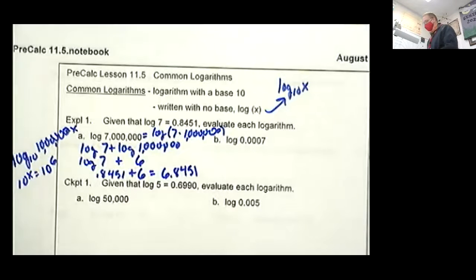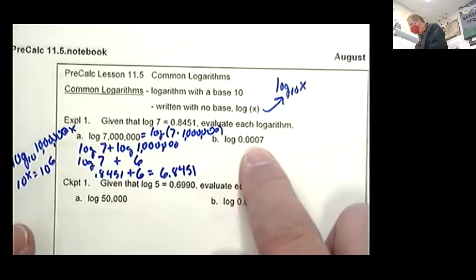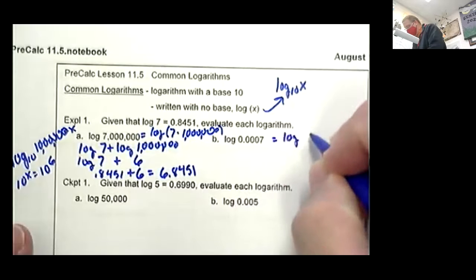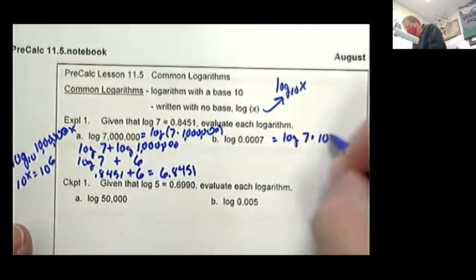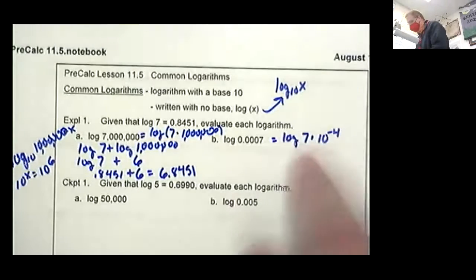Let's do the same thing here. Log of 0.0007. Well, this is log of 7 times 10 to the negative 4th, basically. Because it's multiplication, we can add these.